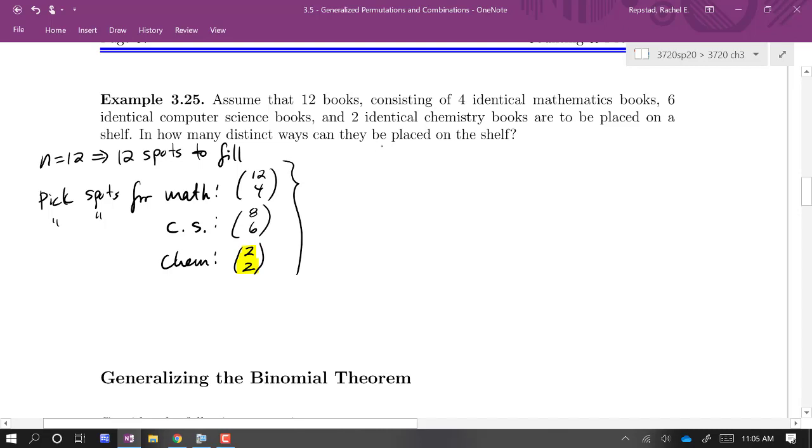We'll use the multiplication counting principle. 12 choose 4, times 8 choose 6, times 2 choose 2. And we could do this out with the combinations, or if you like, and you want to see this simplified in terms of the factorials, like we did the last one.